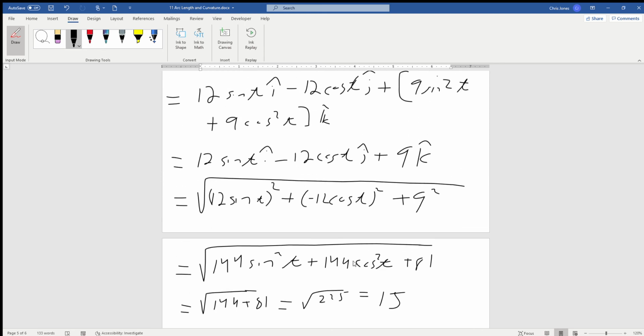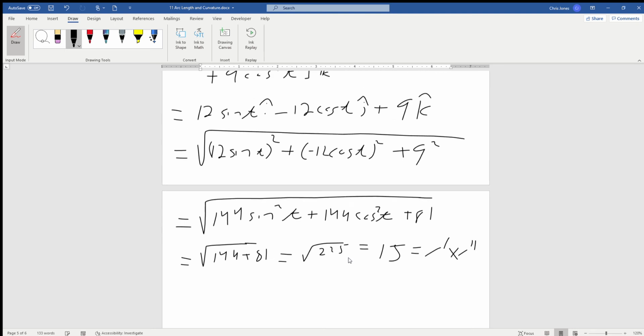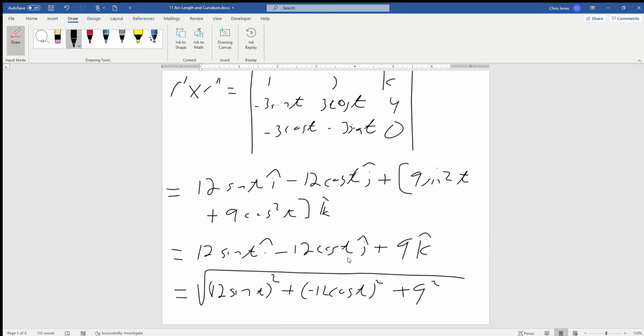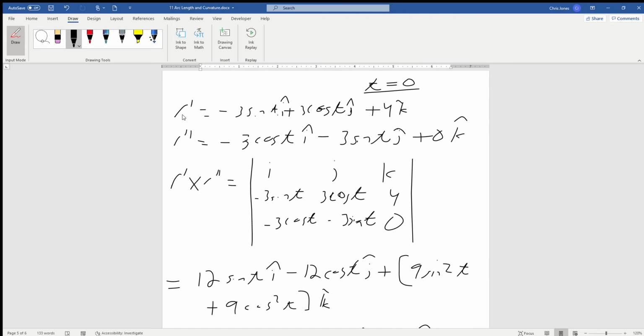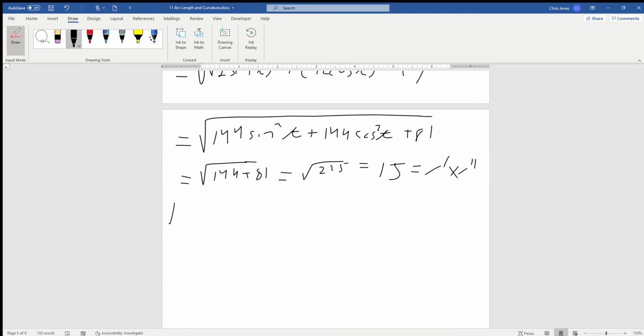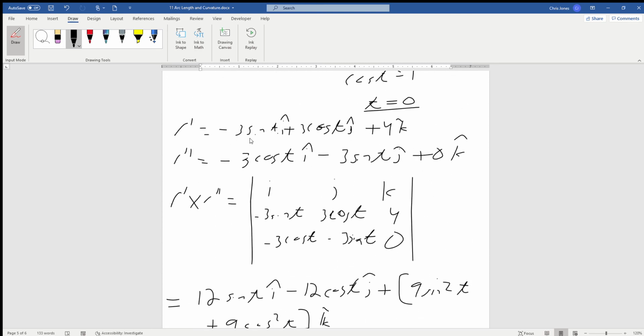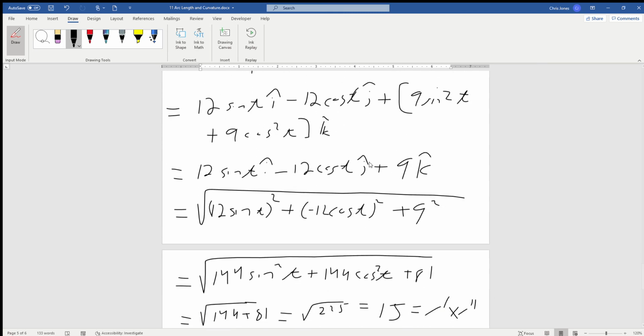By the way, that's the magnitude of r prime cross r double prime. Now we need r prime at t, and we need to take the magnitude of that and then cube that. So let's first find the magnitude of r prime. We have minus 3 sin t, plus 3 cos t, 4.